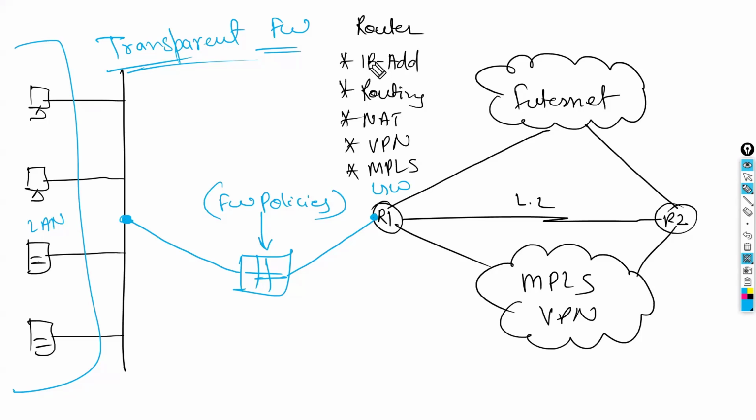No change in IP addressing, no change in routing, no change in the existing network. Still, we have deployed firewall policies with the help of a transparent firewall. Got it? So if any organization wants to increase its protection without changing network configuration or network diagram, they can still achieve protection with the help of a transparent firewall.